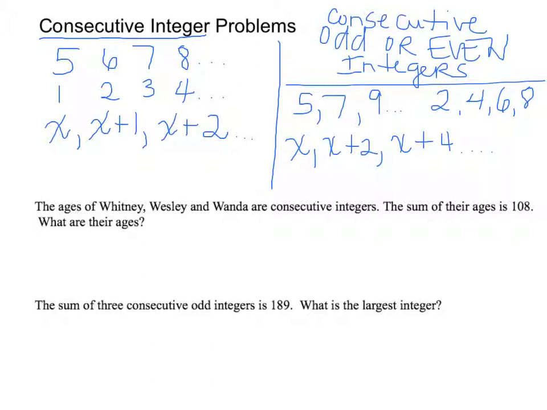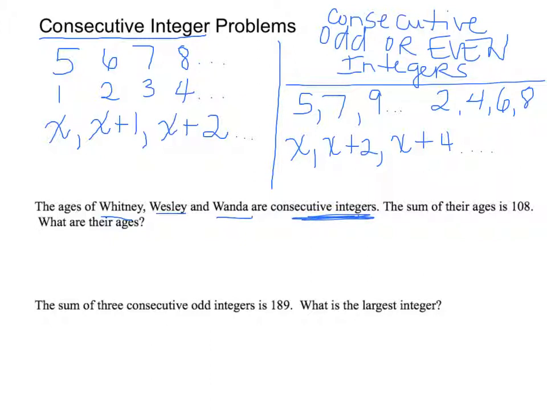So for example, in the first problem, we have that the ages of Whitney, Wesley, and Wanda are consecutive integers. So how can I represent the ages of Whitney, Wesley, and Wanda? Well, I know they're consecutive integers. It doesn't say anything about even or odd.